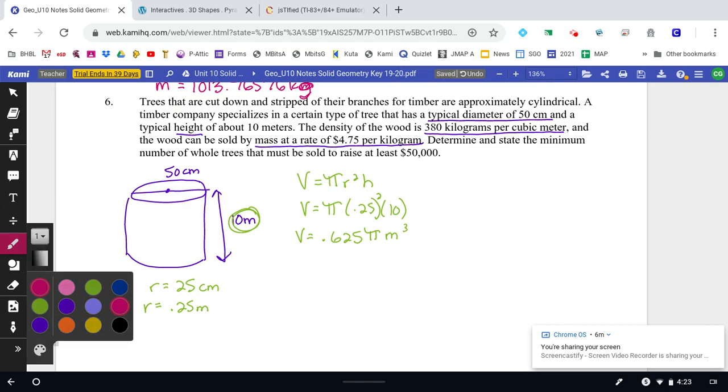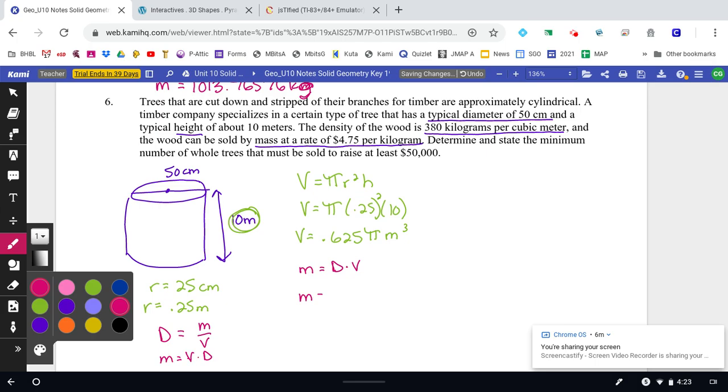Now remember that our density equals mass over volume, and we're looking for mass. If we cross multiply that, it's our volume times our density. So mass equals my density times my volume.